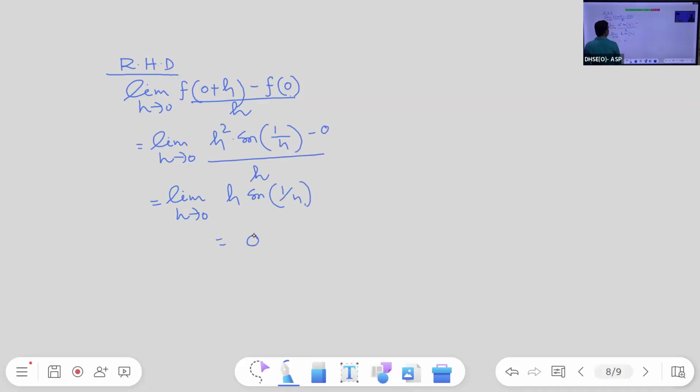So the left hand derivative exists and is equal to 0. The right hand derivative exists and is equal to 0. Hence, the left hand derivative is equal to the right hand derivative. This implies the function is differentiable at x is equal to 0. Write down: the function is differentiable at x is equal to 0.